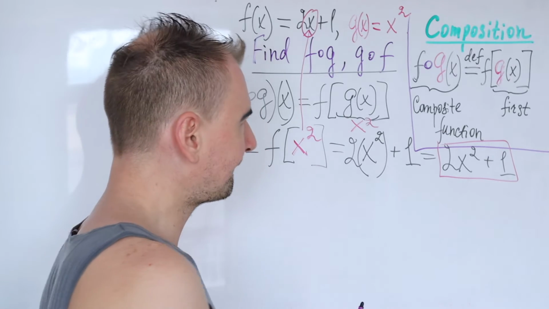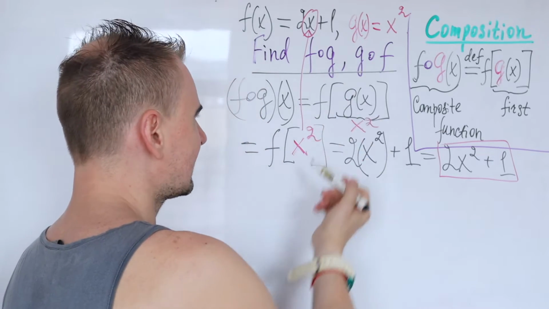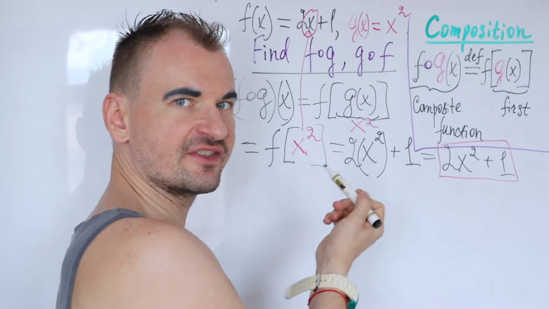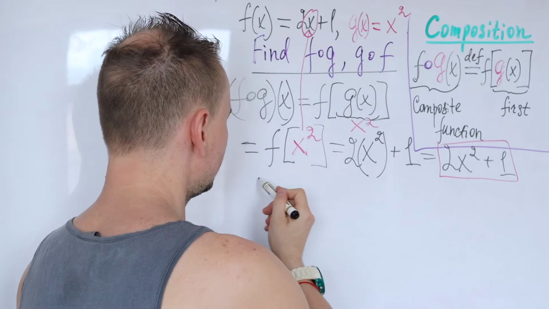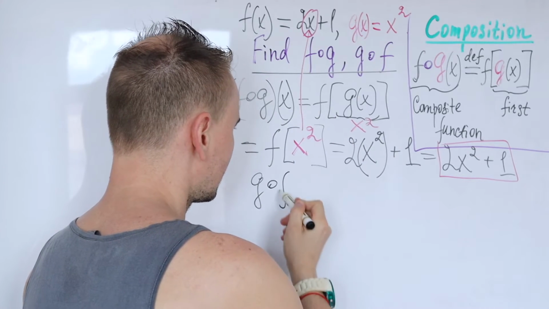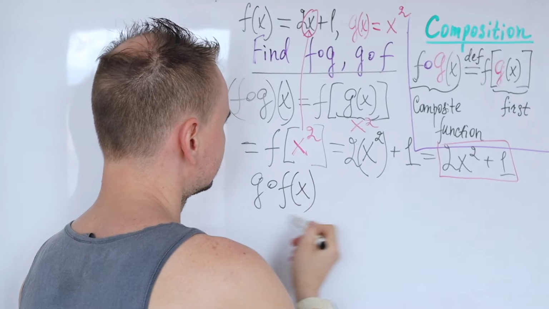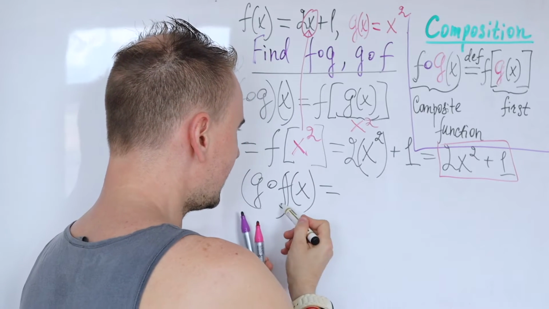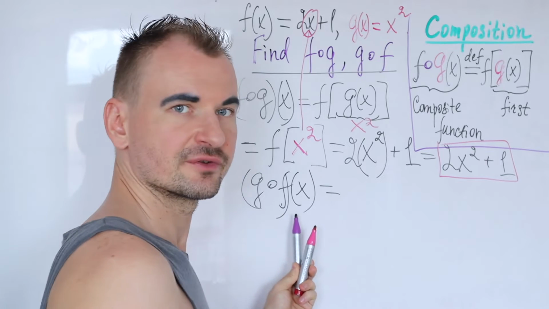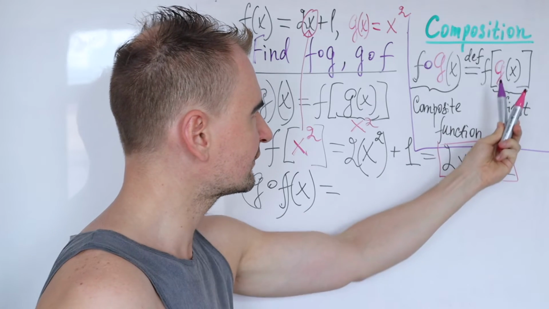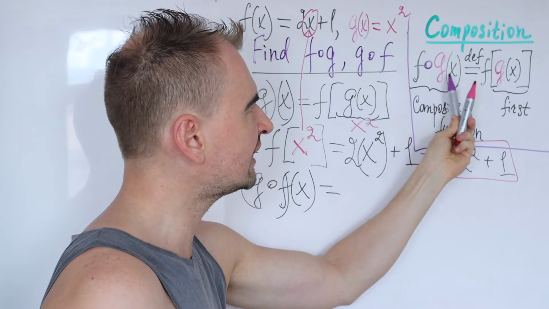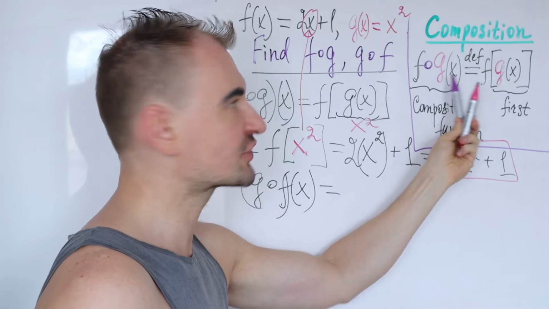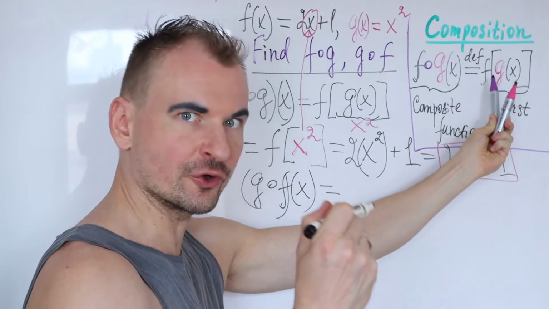Now, let's take the reverse order. So g composition f. So your f comes first. Whatever is next to x you do first.